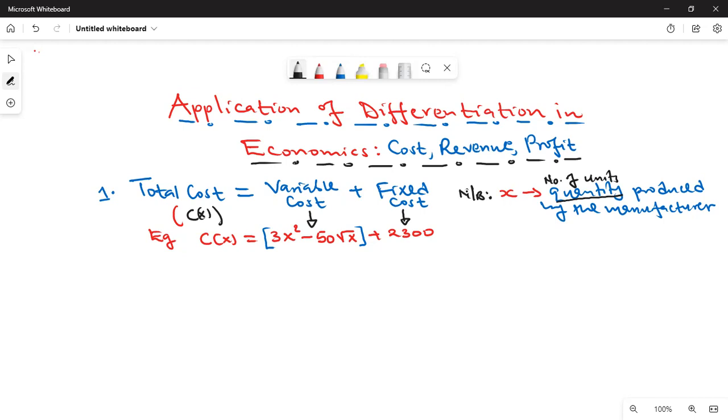Now, if you produce X units and you sell them, the amount you get after selling your X units, we refer to that as revenue. So number 2, we'll write here total revenue.